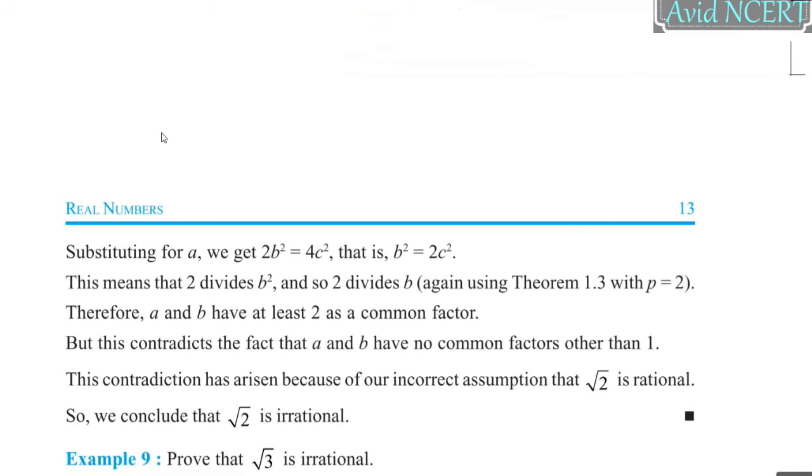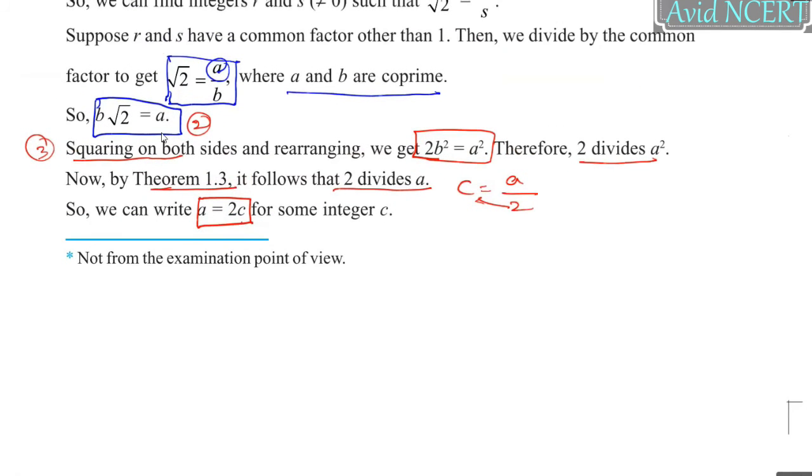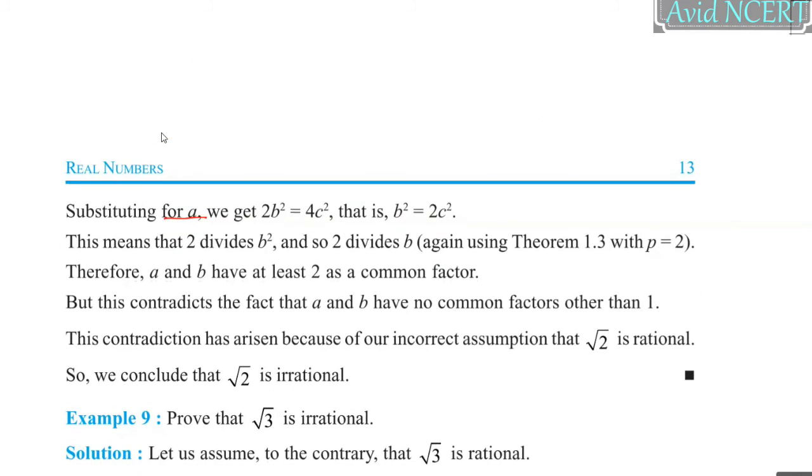Now we substitute the value of a as 2c in this equation. So we get 2b square equals 2c the whole square, which means 2 times 2 is 4 and c into c is c square. So 2b square equals 4c square.